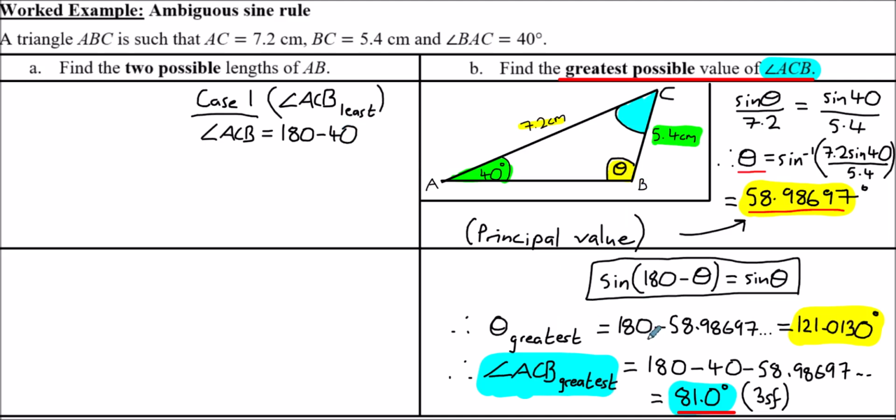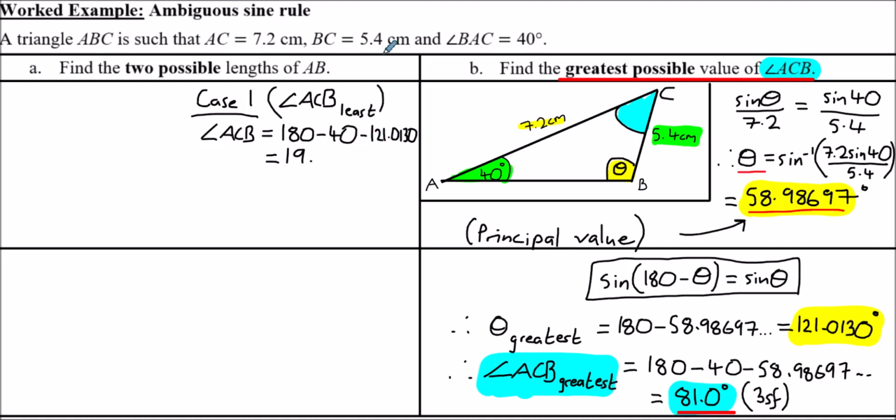So it might have been minus 121.0130. So it might have been the case that ACB was actually 19.0 degrees, if you want to be not too accurate about it.